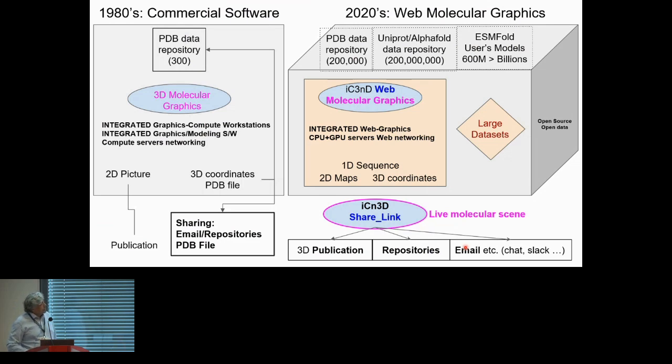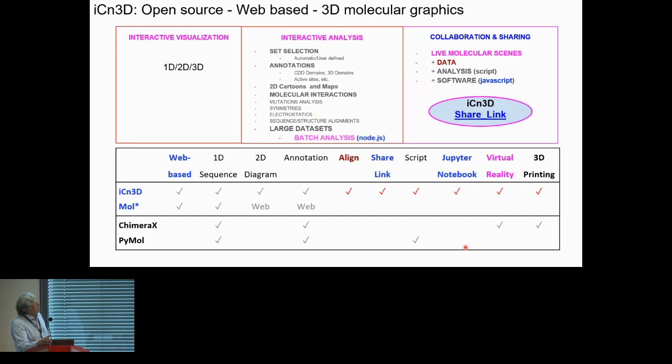So in a nutshell, iCn3D has 3 dimensions, if you want, from a user perspective: interactive visualization, interactive analysis, with a lot of features that you find somewhere else, but also you can transform that interactive analysis into batch analysis thanks to Node.js.